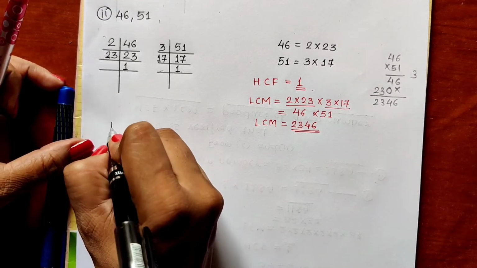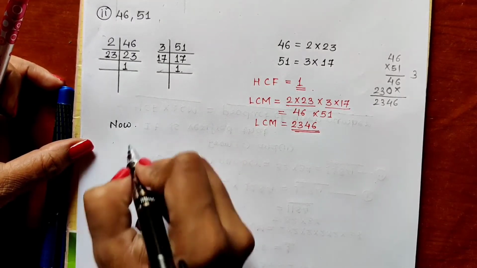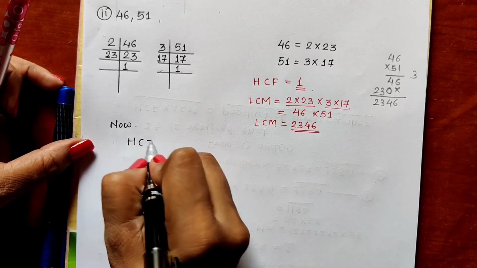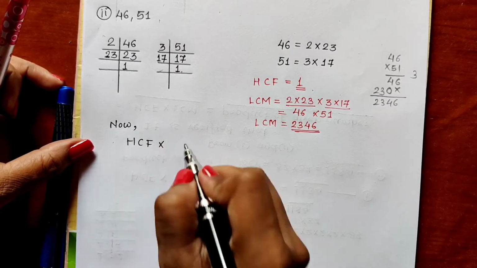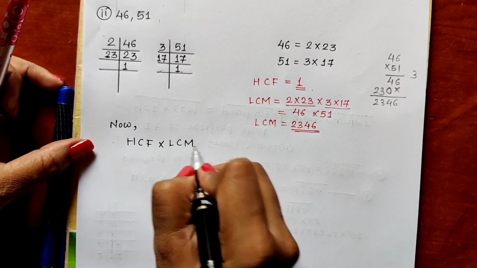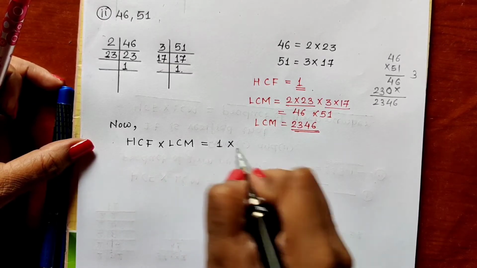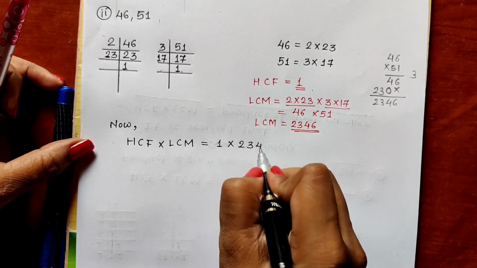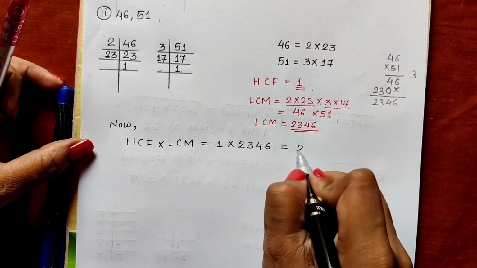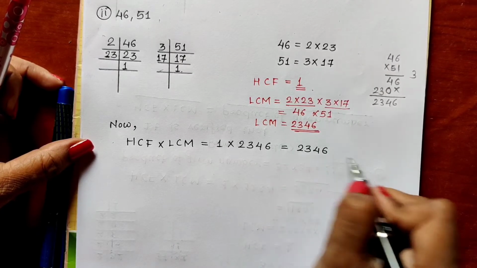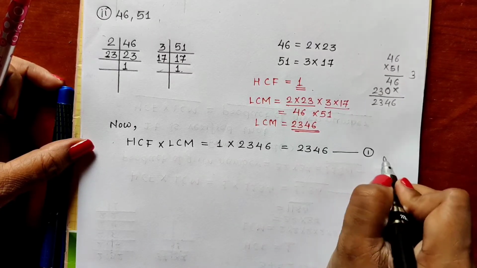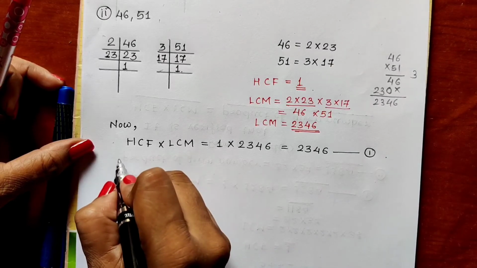So now we will do the product SCF into LCM. SCF is 1, LCM is 2346. So 1 into 2346 is 2346. This will be our equation number 1. Now for the second equation, what we have to do?